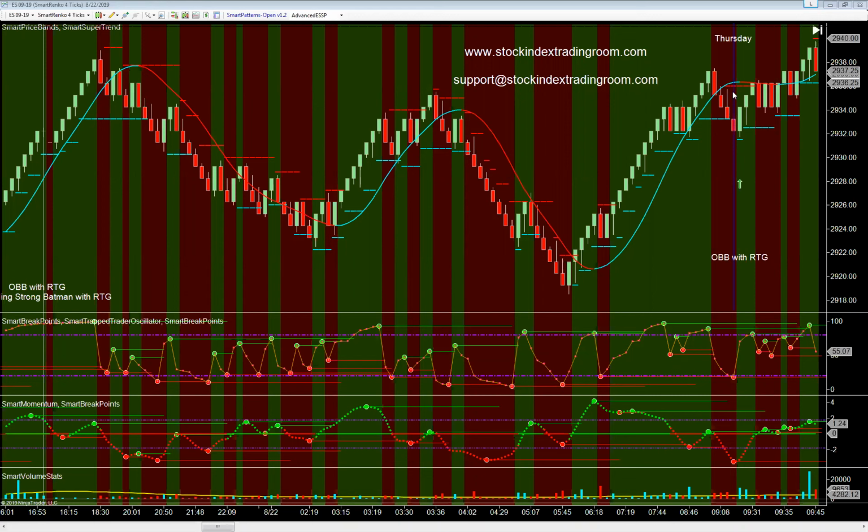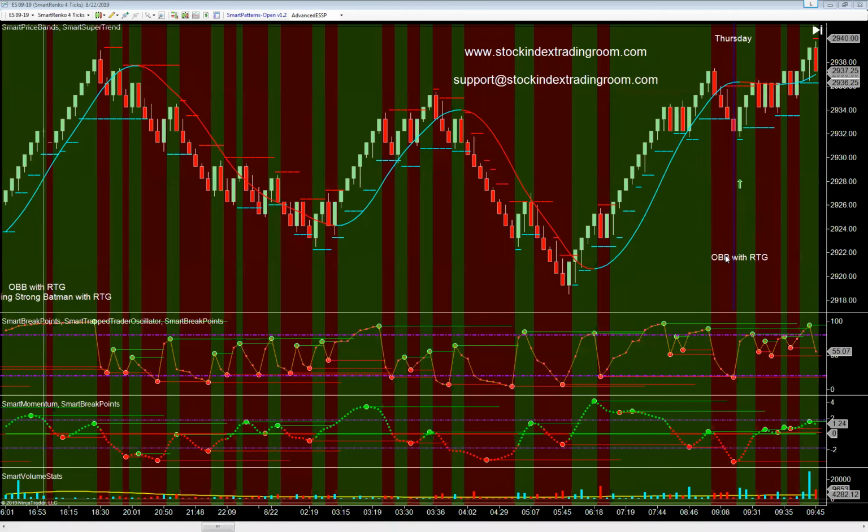Our blue vertical line represents the market's open. Sometimes we get a signal on the first bar that prints. Some days it is later in the morning or even afternoon before we get exceptional signals, and we leave it up to the individual trader how aggressive to be when our system is not generating great signals.